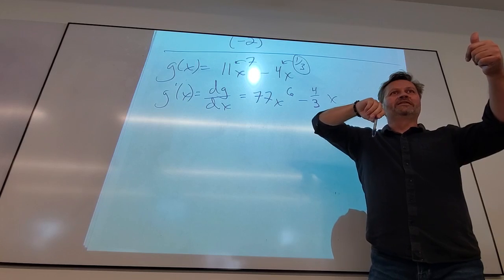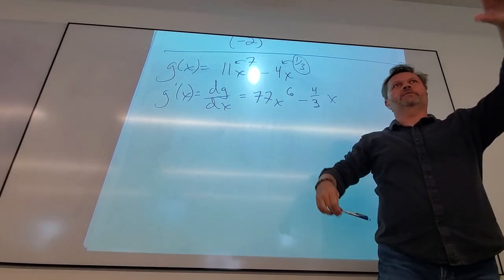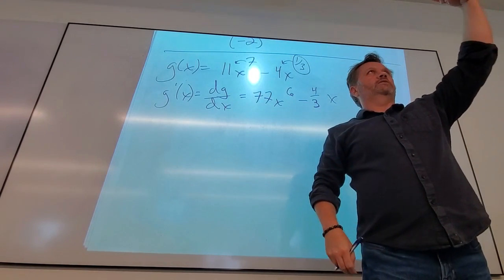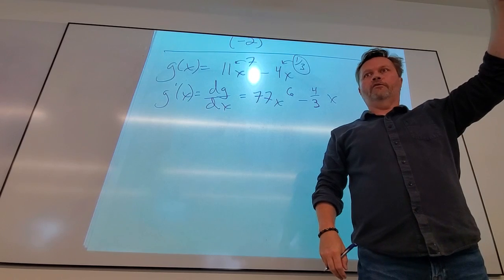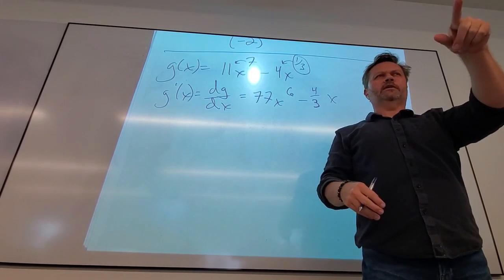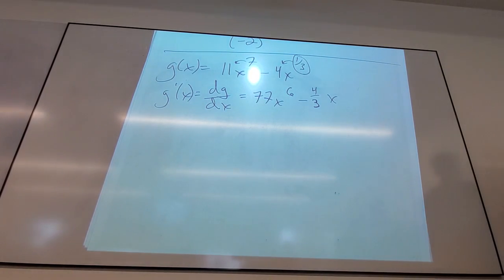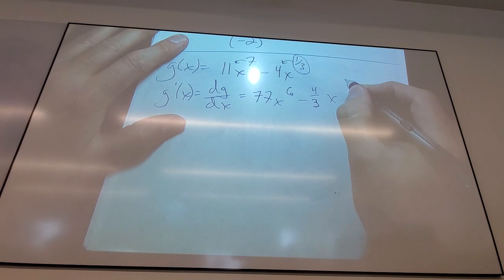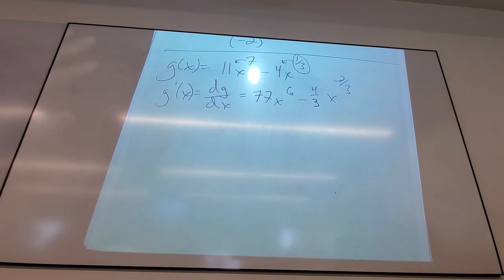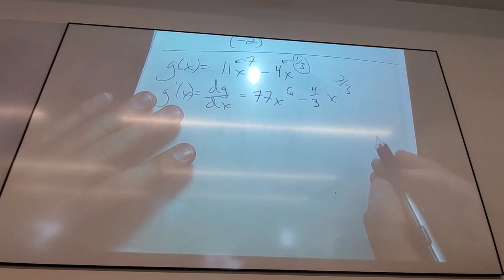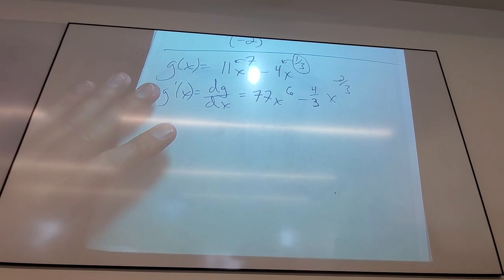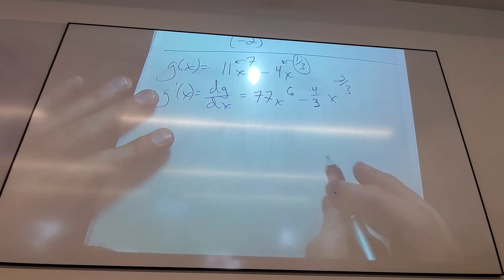Done. If you're ever taking a derivative of something with a fractional power, just take top minus bottom, but back over the bottom. I think I showed you last time why that's true. So 1 minus 3 is negative 2, back over the bottom. Done. Just to save some of you taking calculus, no plus C's yet. We're not to integration yet.